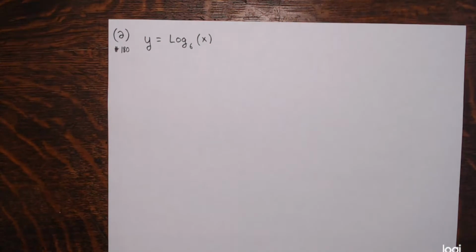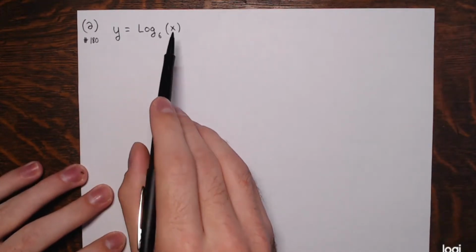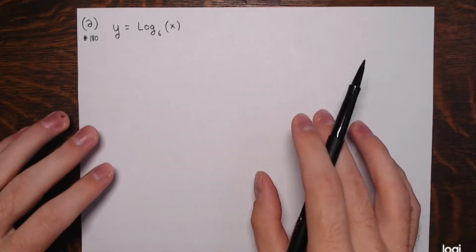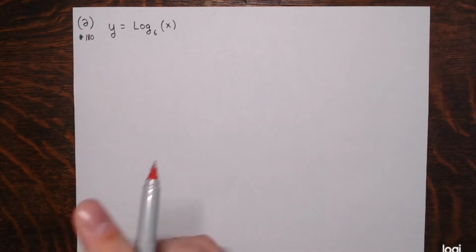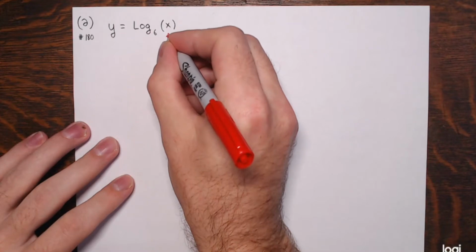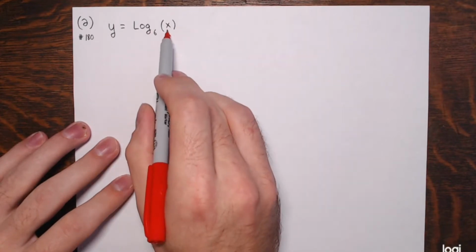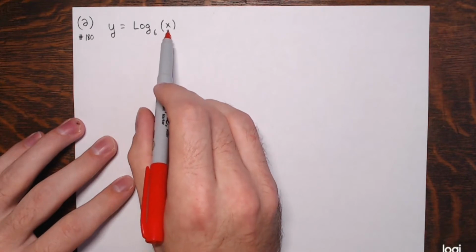So again, we have another basic logarithmic function: y equals log base 6 of x. Because this is base 6, just to make it easy on myself to plot points, you could plug in any positive number you wish, as long as it's positive.